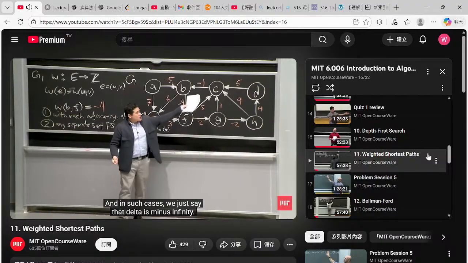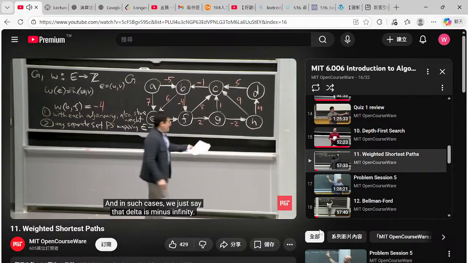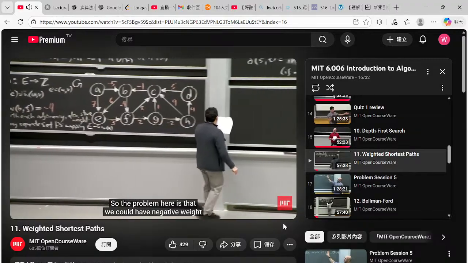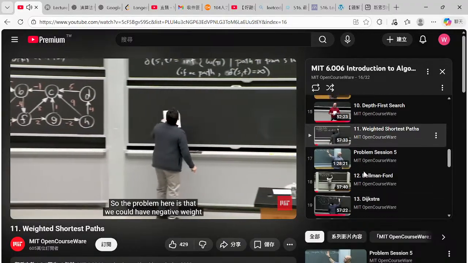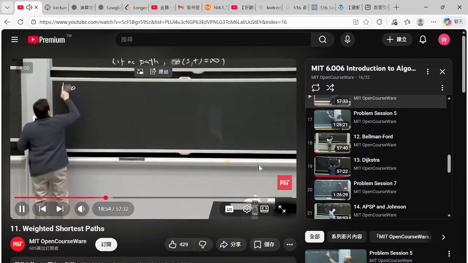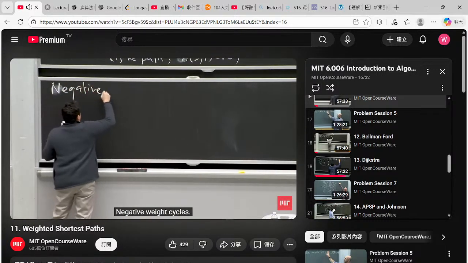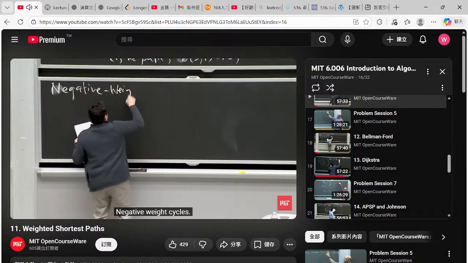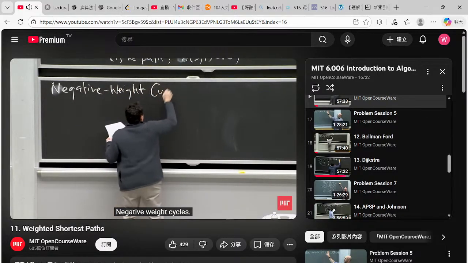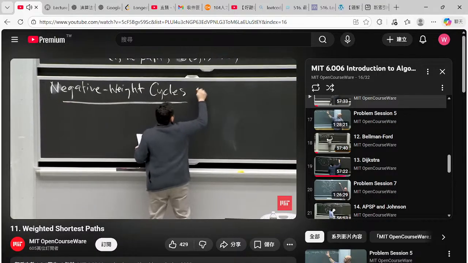In such cases, we just say that delta is -infinity, right? So the problem here is that we could have negative weight cycles. It's a problem.